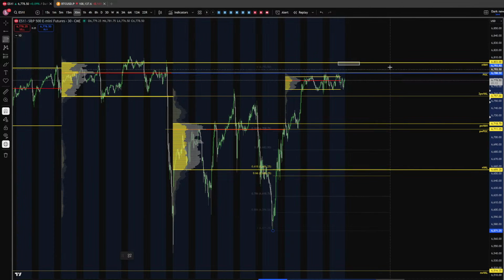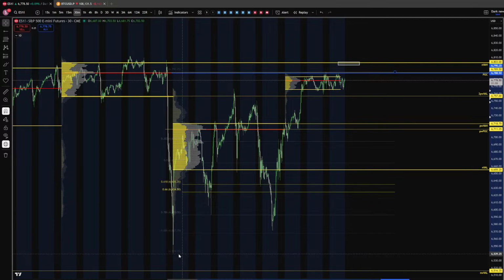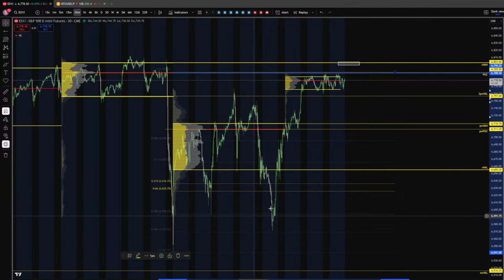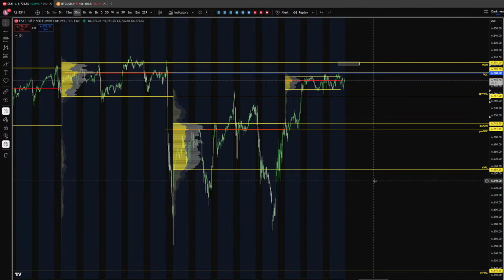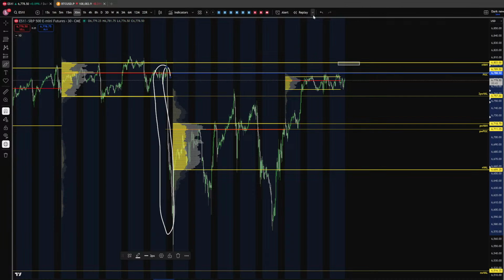I don't know where the high is going to be made. Let's take this whole range. This area here is very much of interest for me, but to be honest with you all, I don't think we're going to hit this, because we would need an event like this for it to happen, at least not in a day.